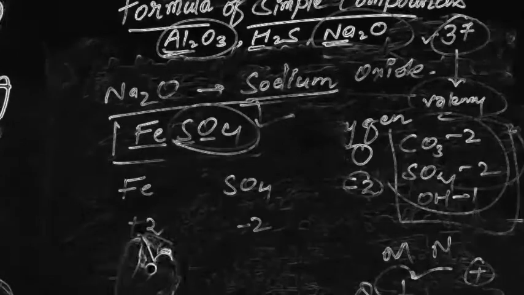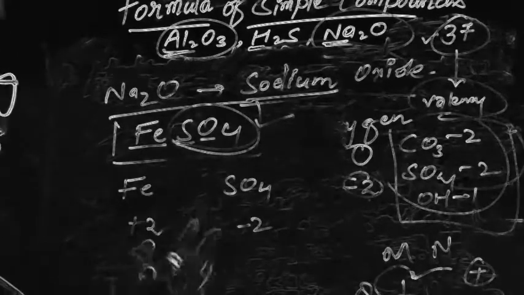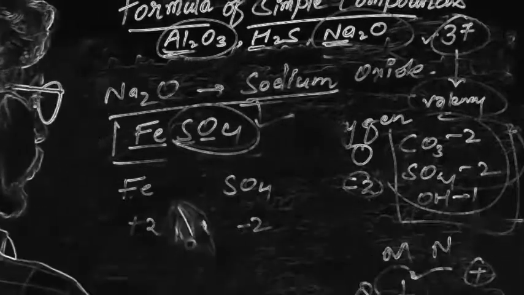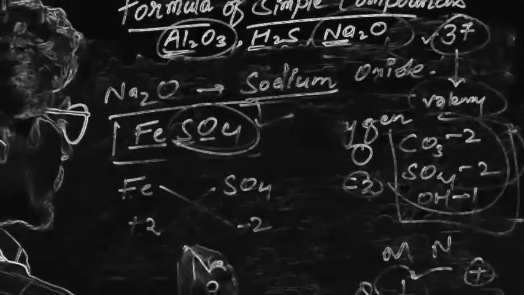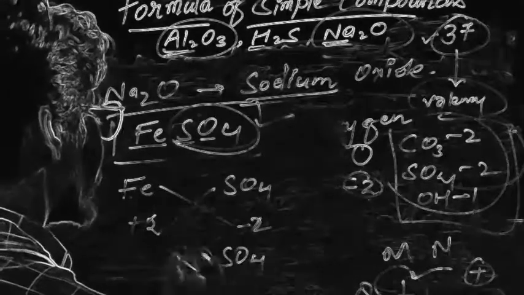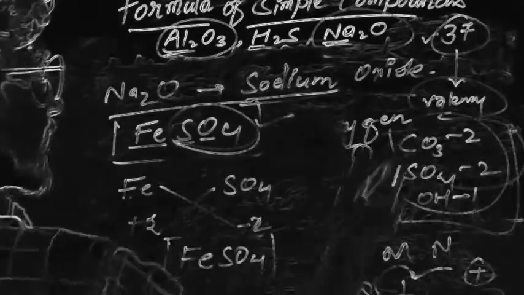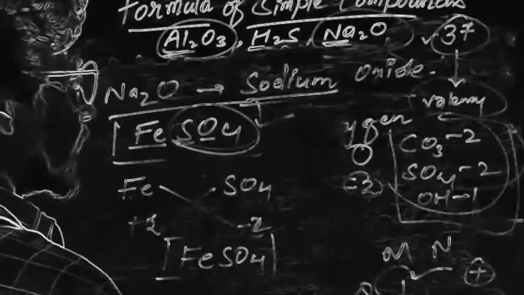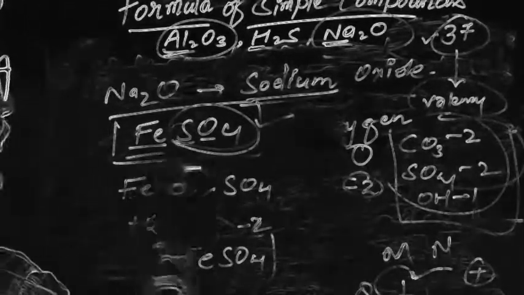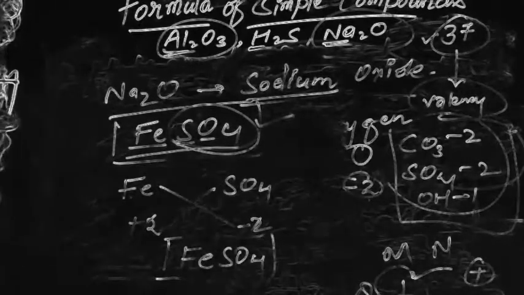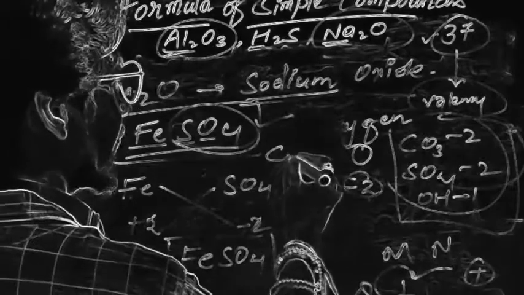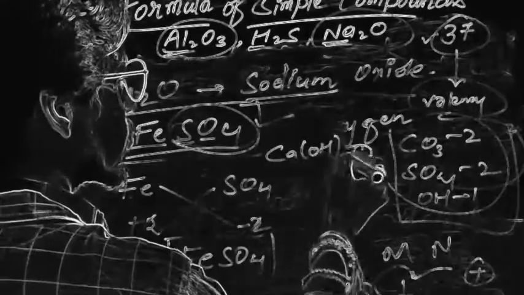The valency of iron is +2 or +3, that is ferrous or ferric. But here we will take +2 and SO4, that is -2. Valencies will get exchanged. +2 -2 cancelled. So chemical formula FeSO4. It's better that you prepare this, because if you don't know the valency, you cannot make the chemical formula of such compounds, which contain sulfate, carbonate or hydroxide, like calcium hydroxide Ca(OH)2.